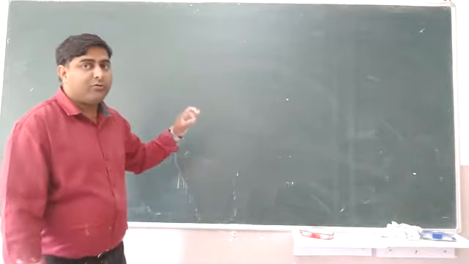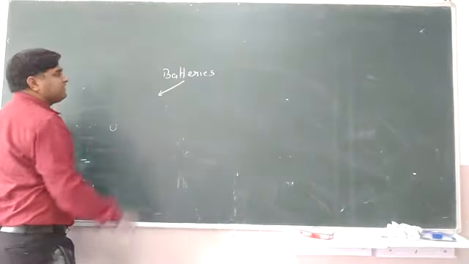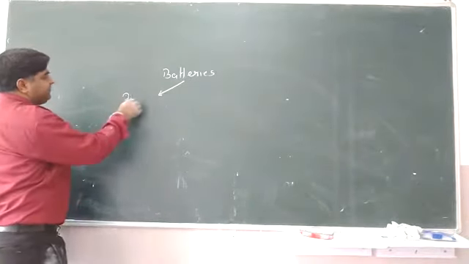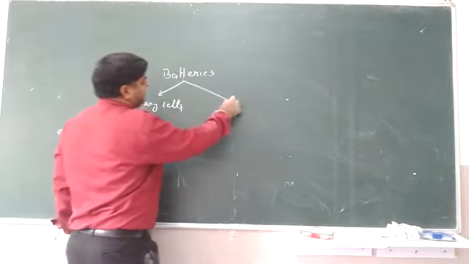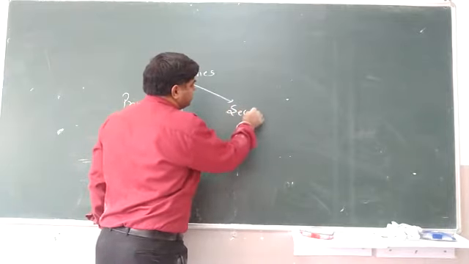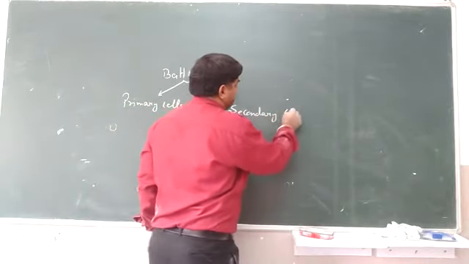So now we are going to discuss various cells. Batteries are classified into two categories: primary cells and secondary cells.